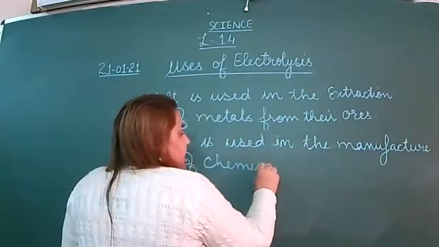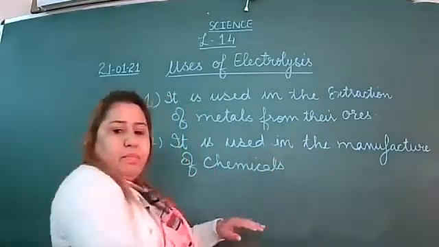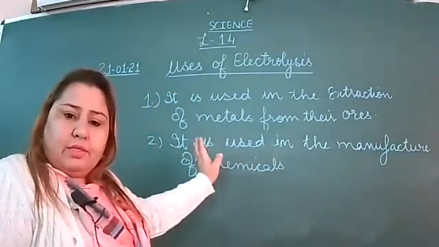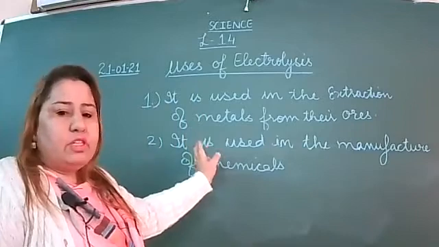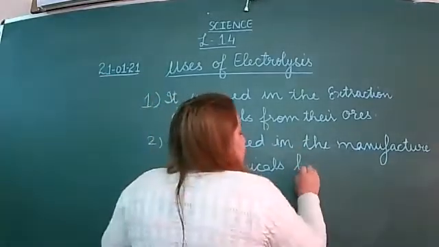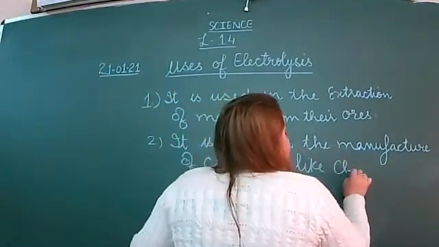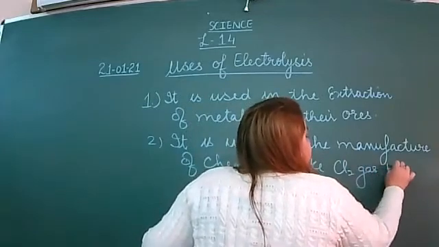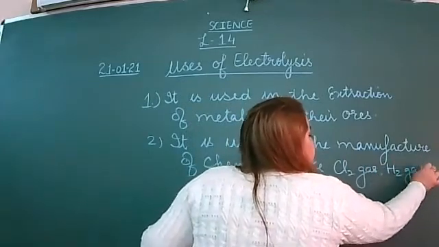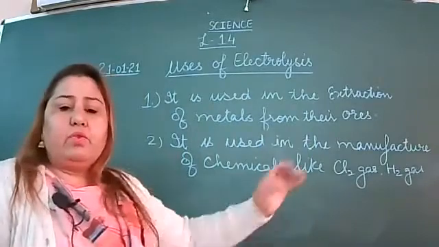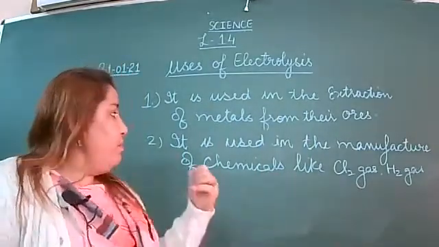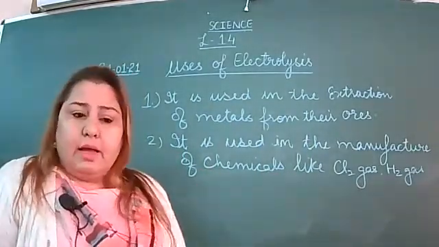As we already saw in the apparatus, chlorine gas is deposited on the positive side. So chemicals like chlorine gas, hydrogen gas, and oxygen gas can be prepared by this method.